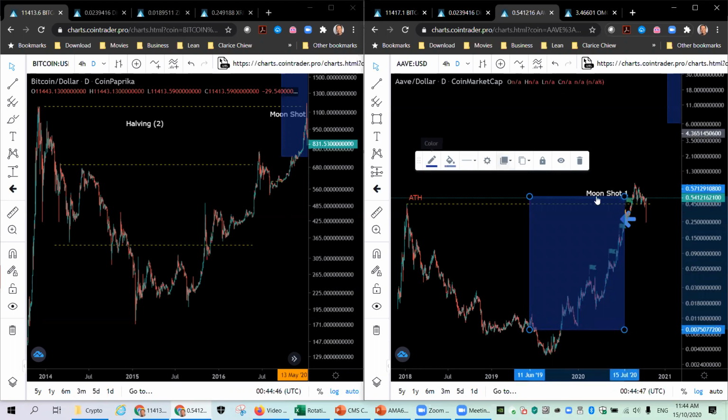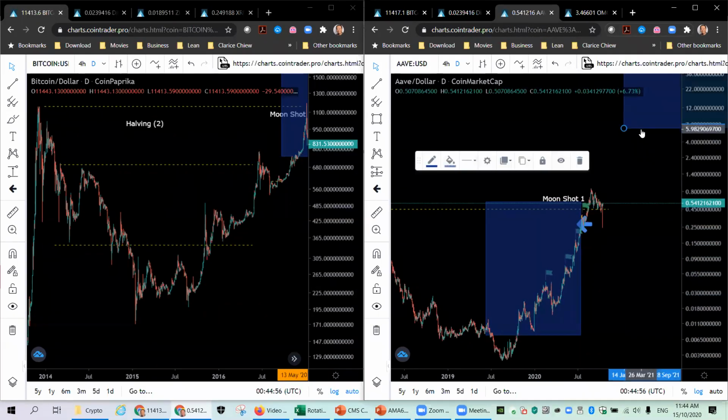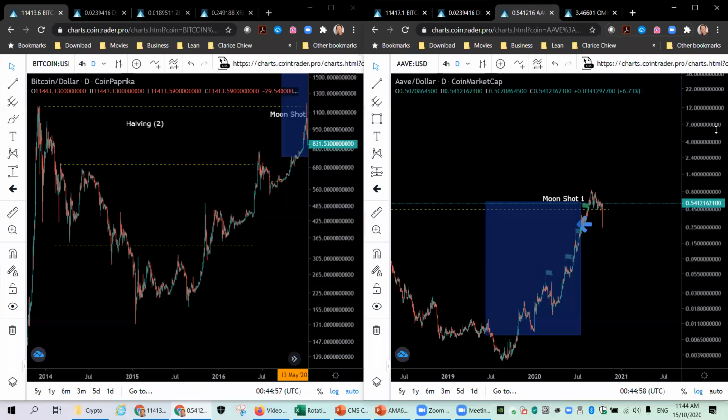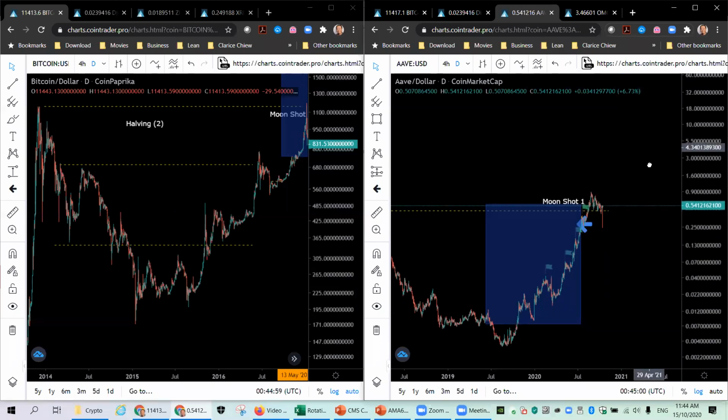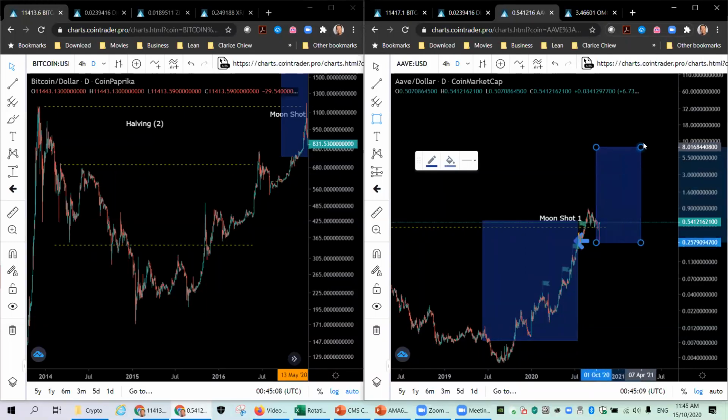All right, so I'm not sure whether this spike will affect the price of moonshot one, but even if it does, let's just say we incorporate that into the equation. Moonshot two would be somewhere around here, right? So moonshot two would be somewhere around here.